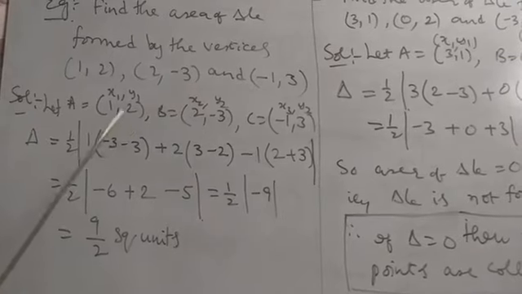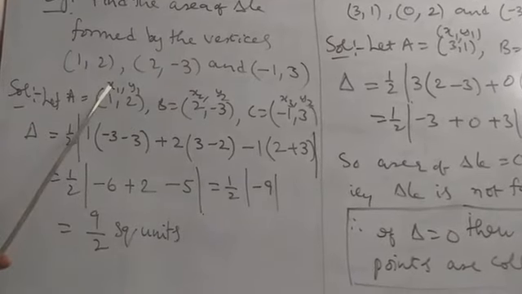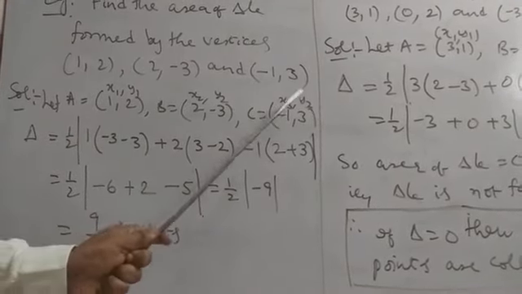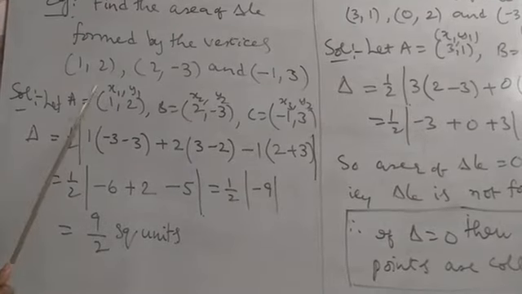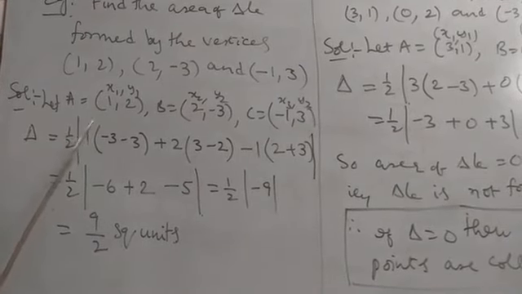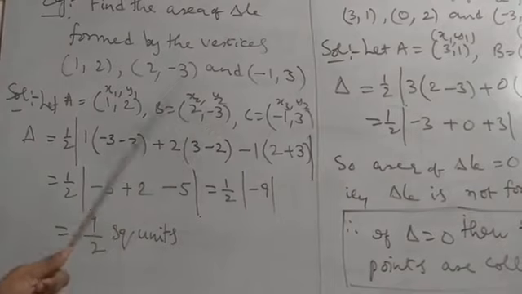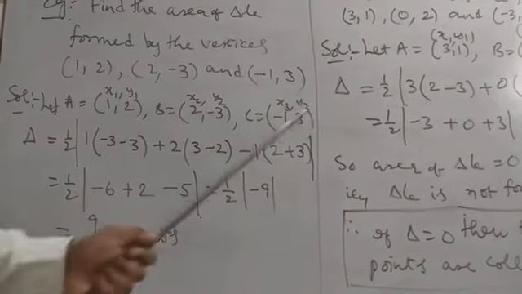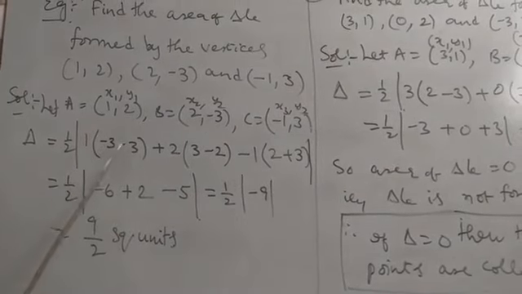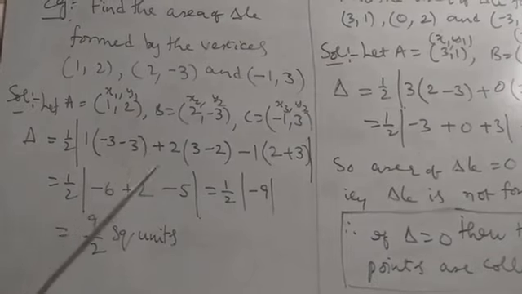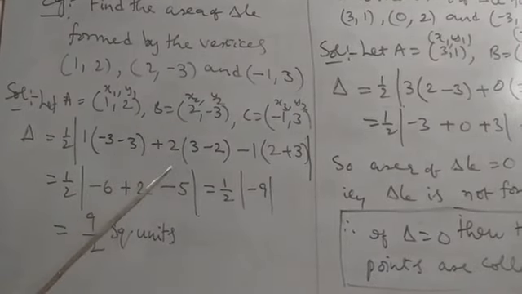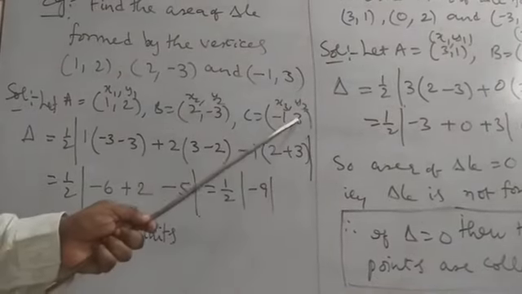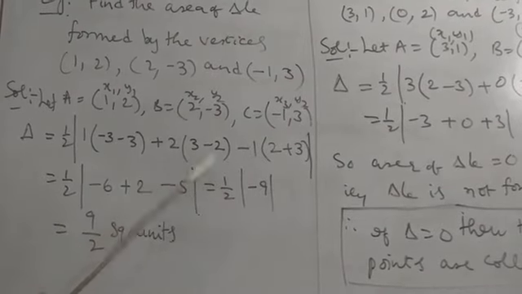So let us substitute those values here. Consider this is x1 y1, x2 y2 and x3 y3. Now substitute. In place of x1 it is 1, of y2 value minus 3, minus of y3 value 3, so minus 3, plus x2 value 2 of y3 value 3 minus y1 value 2.